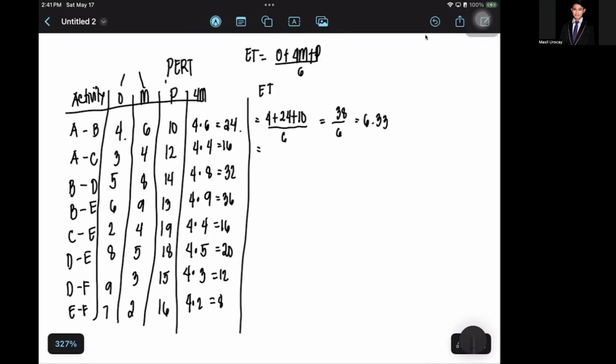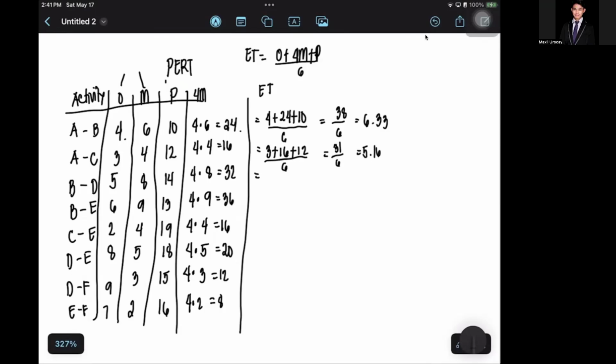Right now, the O here is 3, the 4M is 16, and the P is 12, divided by 6. That equates to 3 plus 16 plus 12, which is 31, divided by 6, which is 5.16.